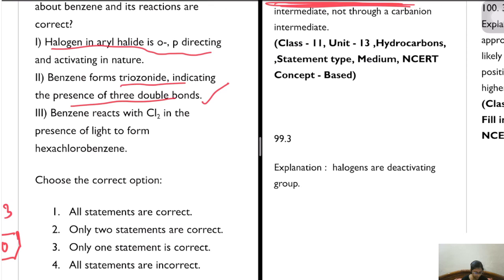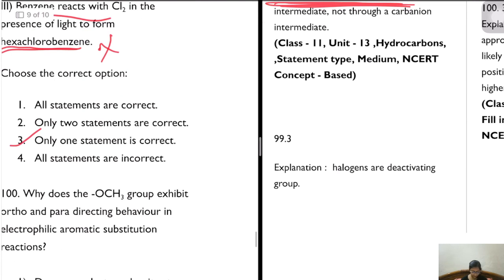Benzene reacts with chlorine in the presence of light to form hexachlorobenzene. See, only one statement is correct. These two are wrong. This is deactivating in nature because of minus I effect, it will make it less nucleophilic. And this will not give hexachlorobenzene. It will give hexachlorocyclohexane.